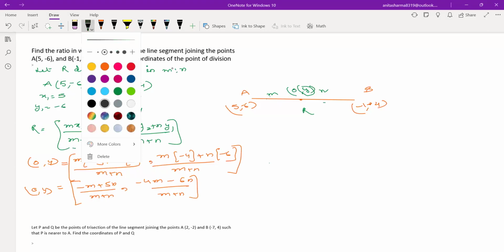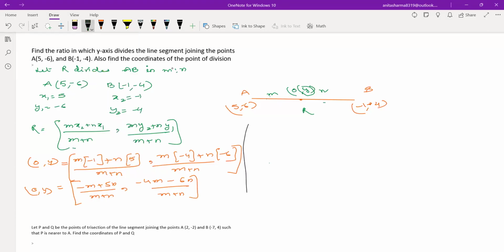Now next you will compare the coordinates. So this x coordinate will be equal to this. So minus m plus 5n upon m plus n will be equal to 0. And then minus 4m minus 6n upon m plus n will be equal to y.